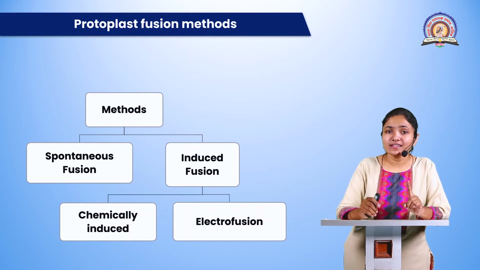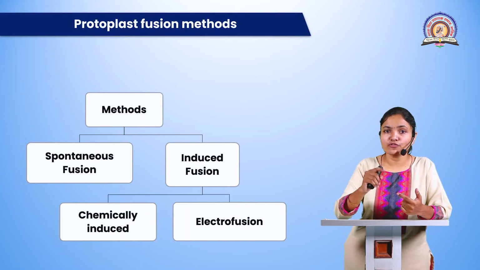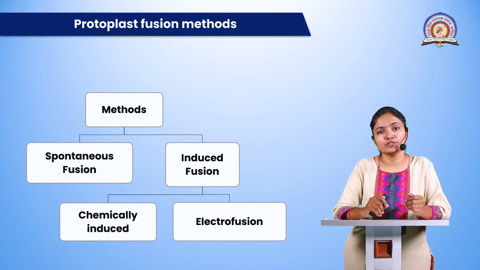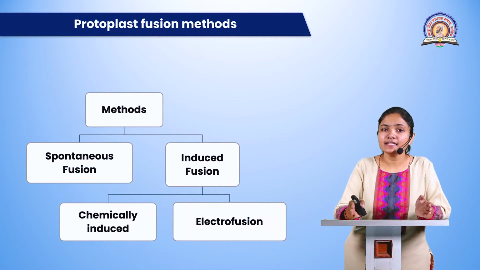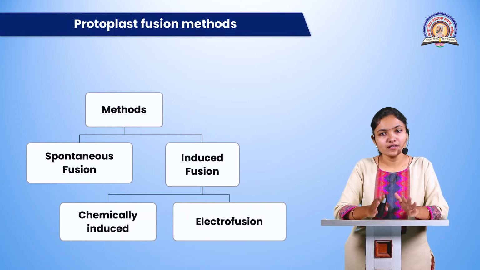I will have a single cell or a single plant which gives me a good height of plant, has disease resistance as well, and has a good taste of the fruit. This indicates that I can merge the characteristics of plants which are present individually in separate plants. After protoplast fusion, they will appear in a single plant.